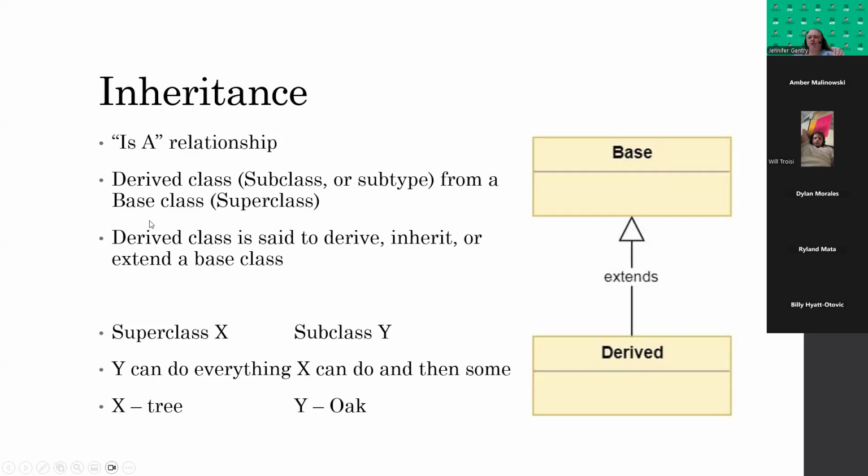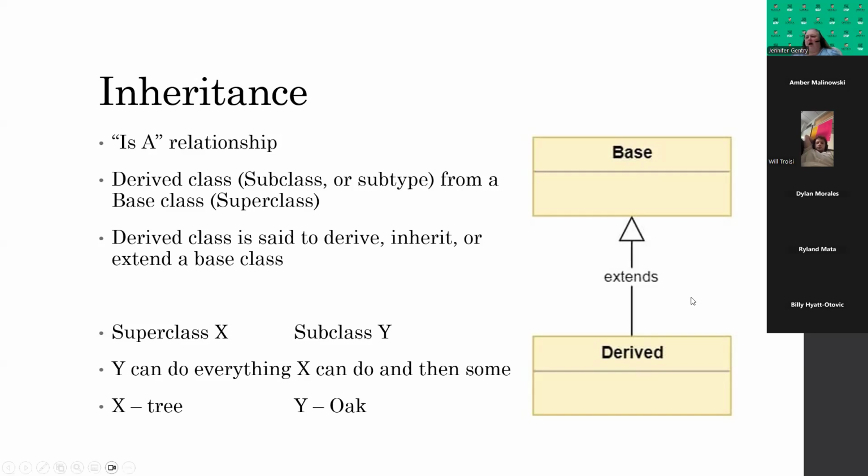Okay. Derived class is said to have derived, inherit, extend. You might have known some of these words in other languages. The base class. Okay, so if my superclass is X, my subclass is Y. Y can do everything that X can do, and then possibly some other things. Okay, so if I say X is a tree, Y is an oak tree. So it's a type of tree, but it's more specific.